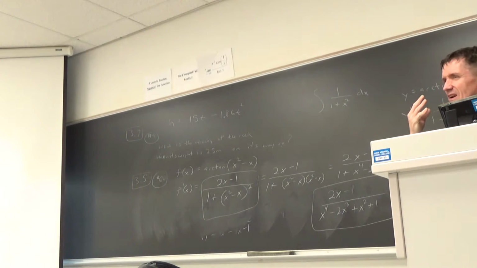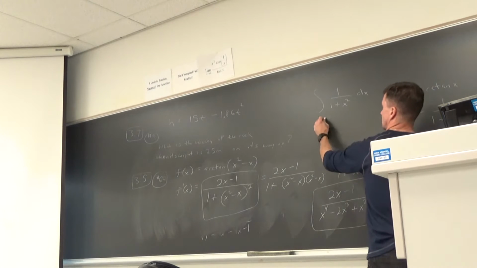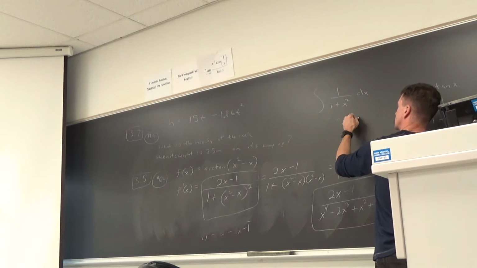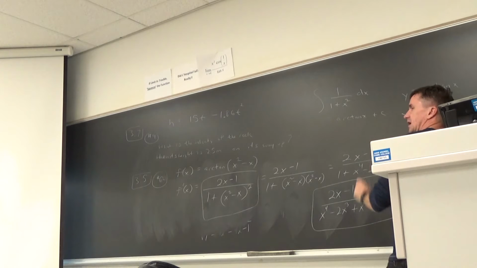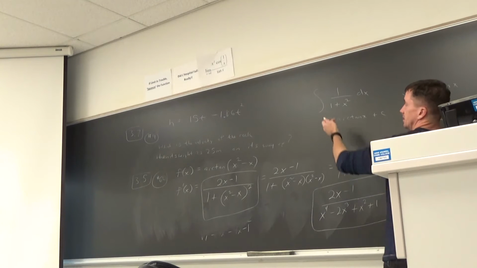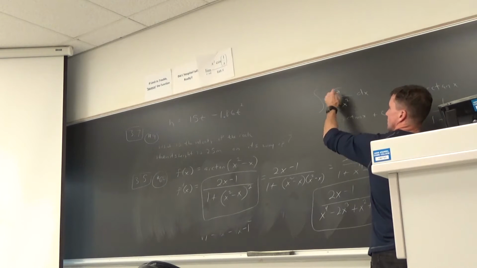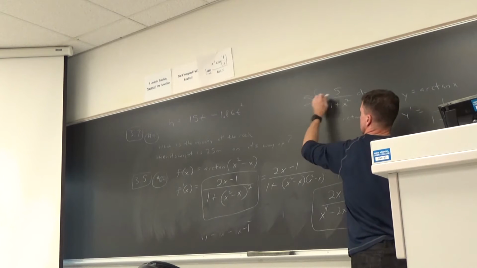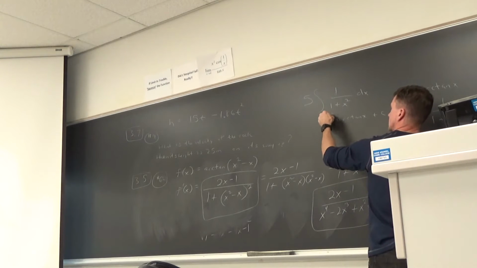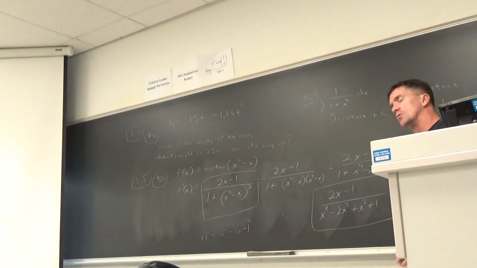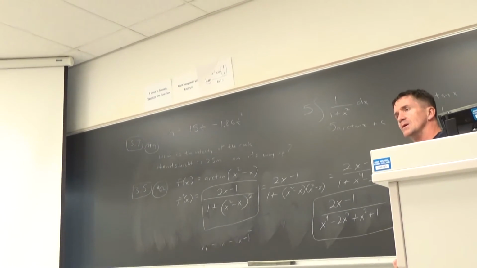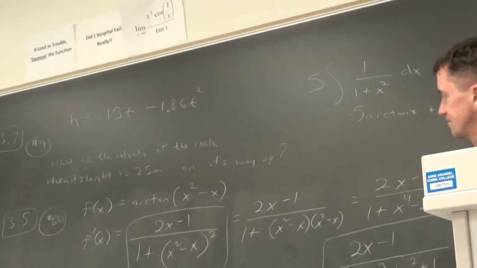You'll go, oh yeah, that's the arctan, and say this equals arctan x, going backwards. We always put a plus constant there. And if this had a 5, you just put the 5 out here, because the constant rule applies with antiderivatives as well. So that's what's going on.